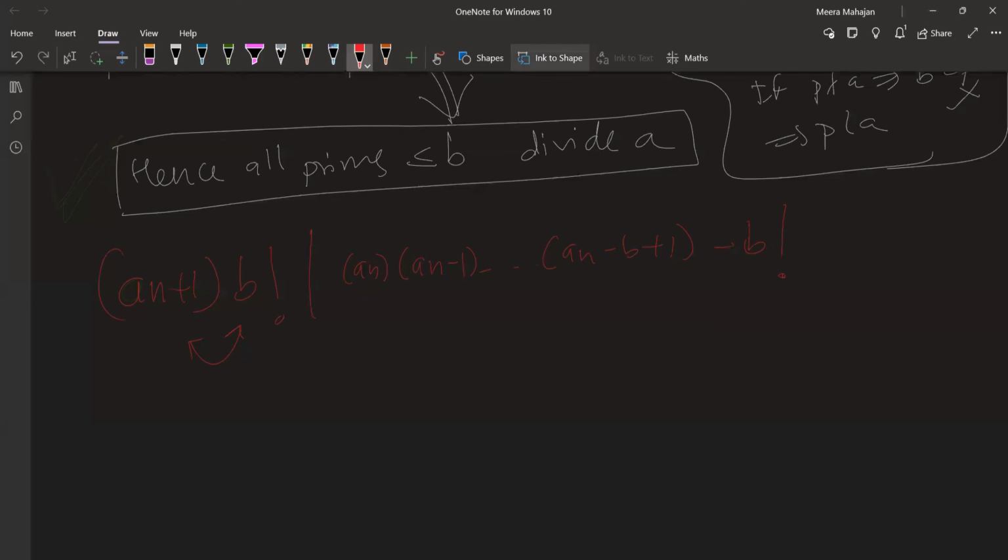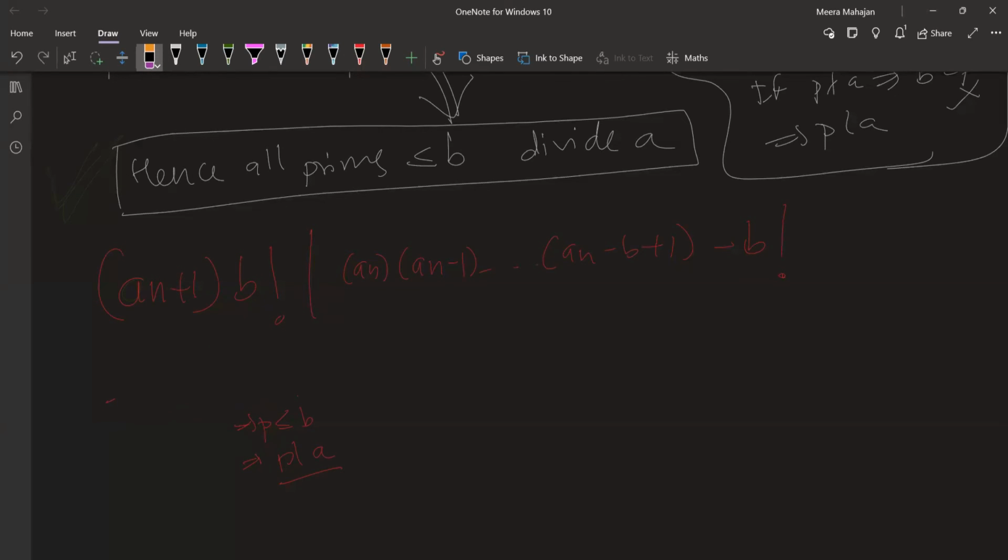What is the GCD of these two terms? I'm sadly just having to give the ideas because we don't have much time. What would the GCD of these two terms be? 1. Yes, because if p divides an plus 1 and p divides b factorial, this would imply p at most b. This would imply from here p divides a, and this would give a contradiction.